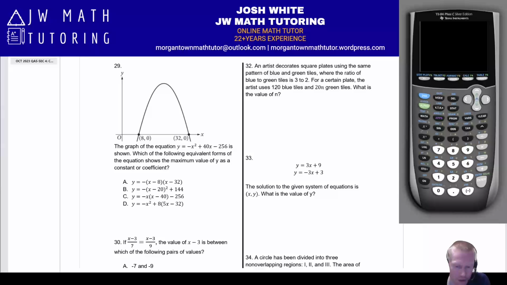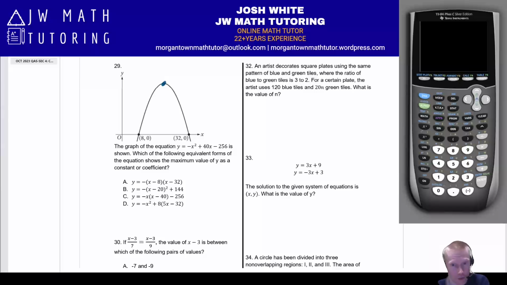So I think the easiest way to do this one is to notice that the maximum value is going to occur here at the vertex. So B is the only equation that's actually given in vertex form. All the others are in some random form. So one shortcut method is to just recognize that and recognize that that's got to be the answer.